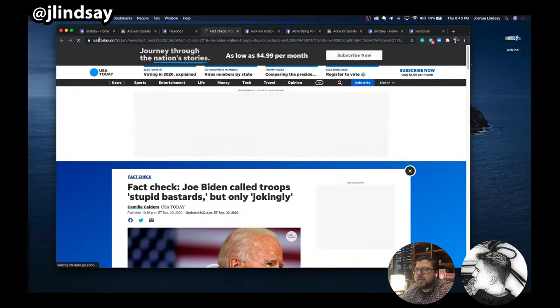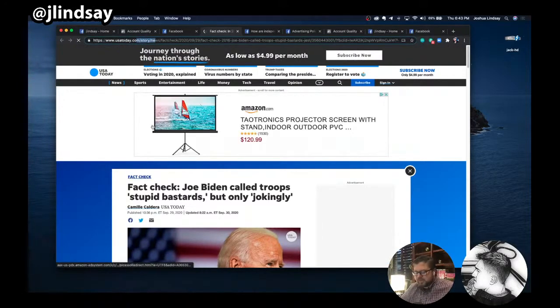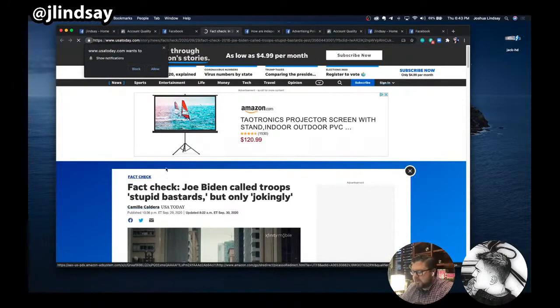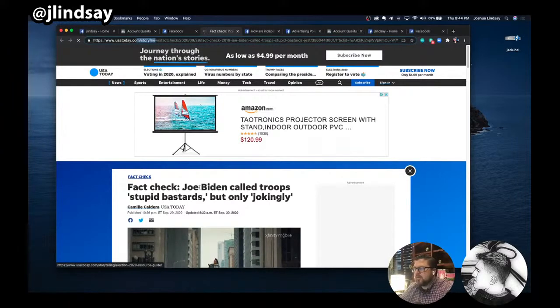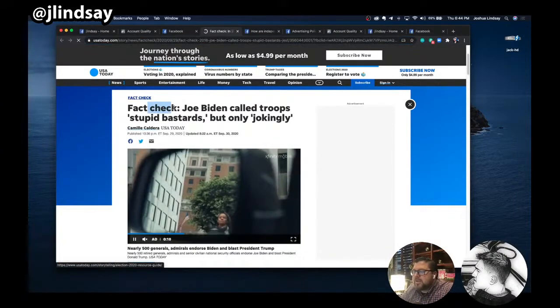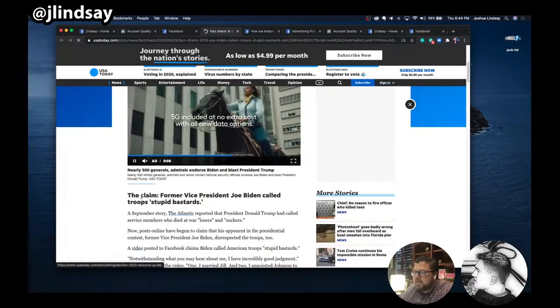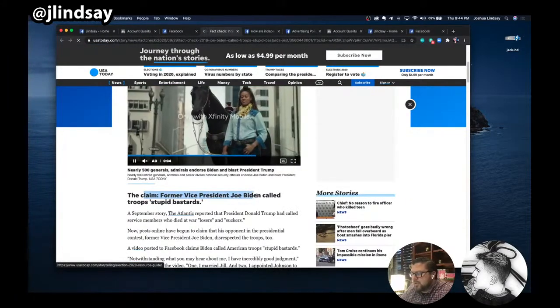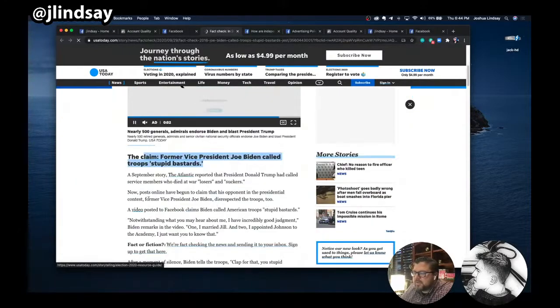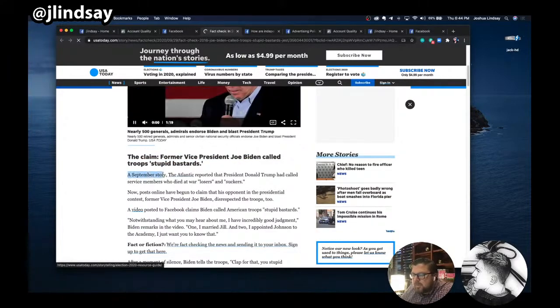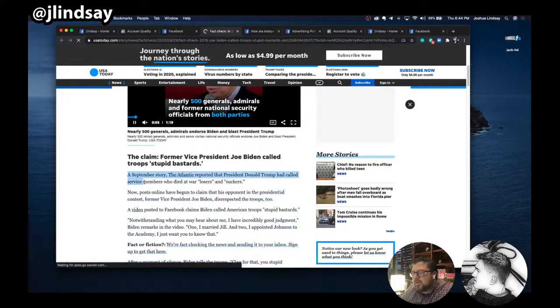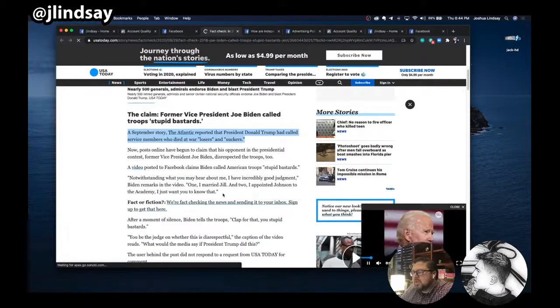Here's USAtoday.com. Who owns USA Today, by the way? I'm guessing some left-wing group. Okay, fact check. Joe Biden called troops stupid bastards, but only jokingly. The claim: former Vice President Joe Biden called troops stupid bastards. A September story in The Atlantic reported that President Donald Trump had called service members who died at war losers and suckers.